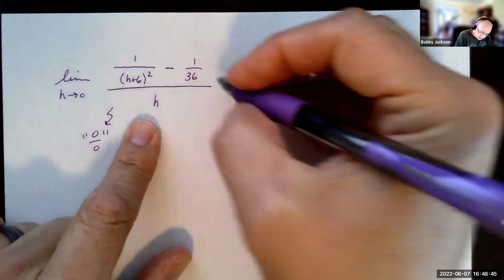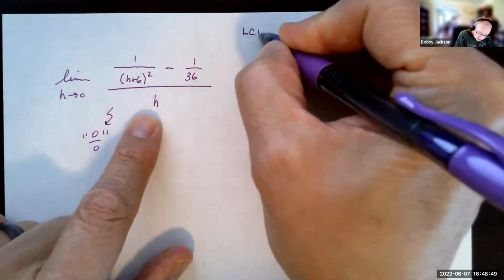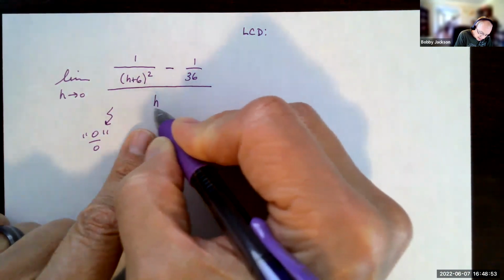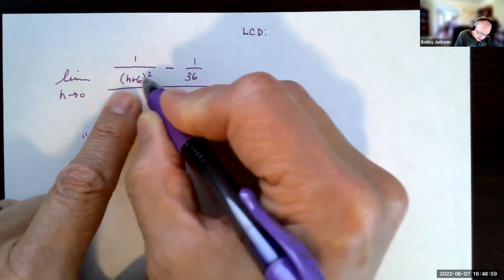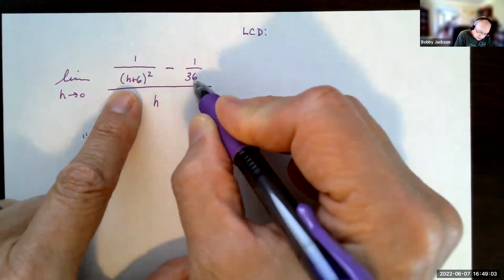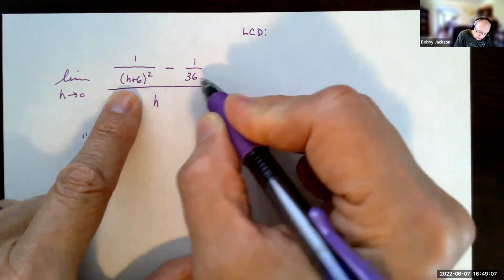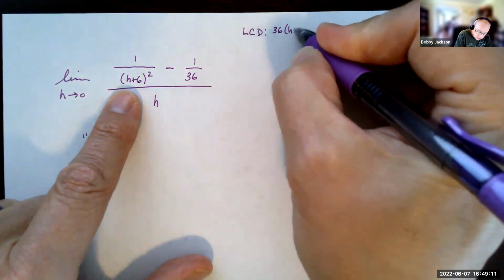I'm going to use a shortcut that I've showed you before. The least common denominator of all the smaller fractions: h is h over 1, so its denominator is 1. But here we got h plus 6 times h plus 6, that is h plus 6 squared, and here we get 36. So the least common multiple of these two denominators is 36 times h plus 6 squared.